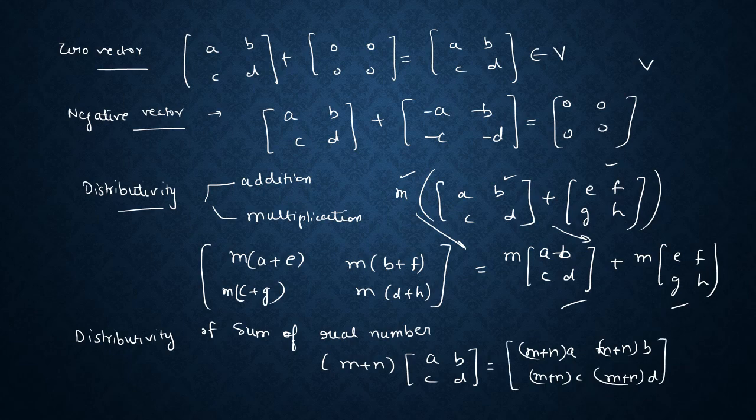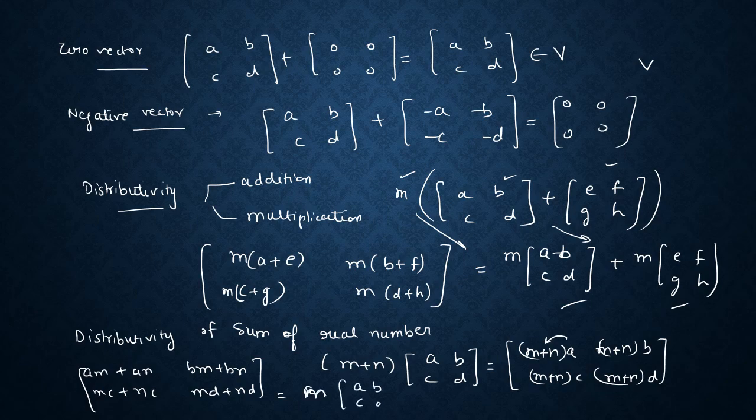And then you can distribute it like am plus an, bm plus bn, mc plus nc, md plus nd, right? This is one way of doing it. And then you can split this into two different matrices, like only m with a b c d, and n with a b c d, right? So this is the distributivity of the sum of real numbers.